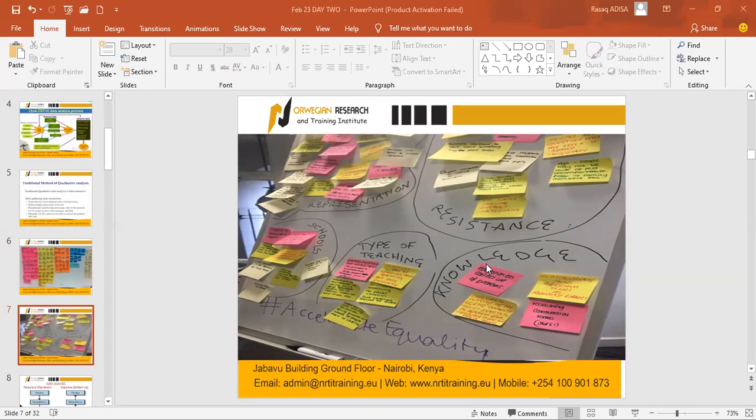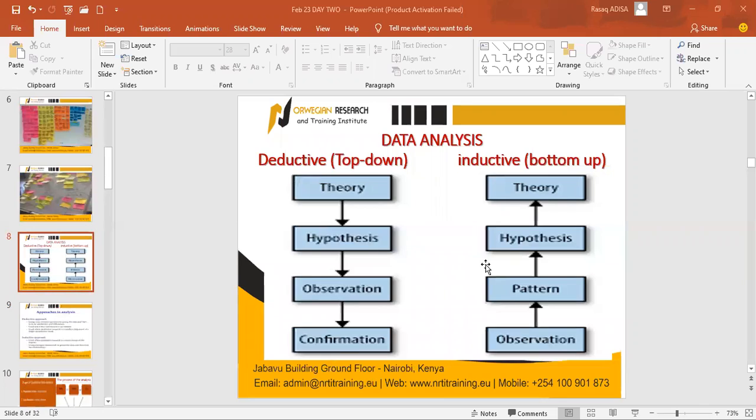All these processes of doing it traditionally have been seen to be problematic, creating problems of reliability.